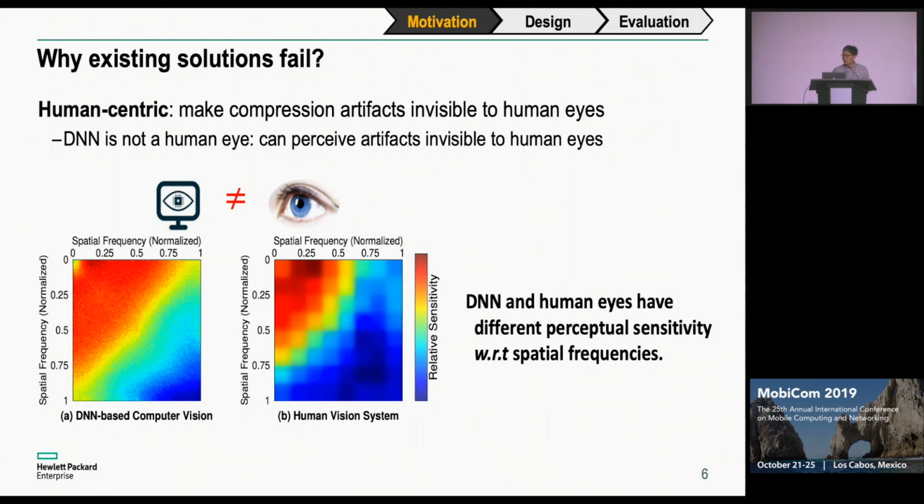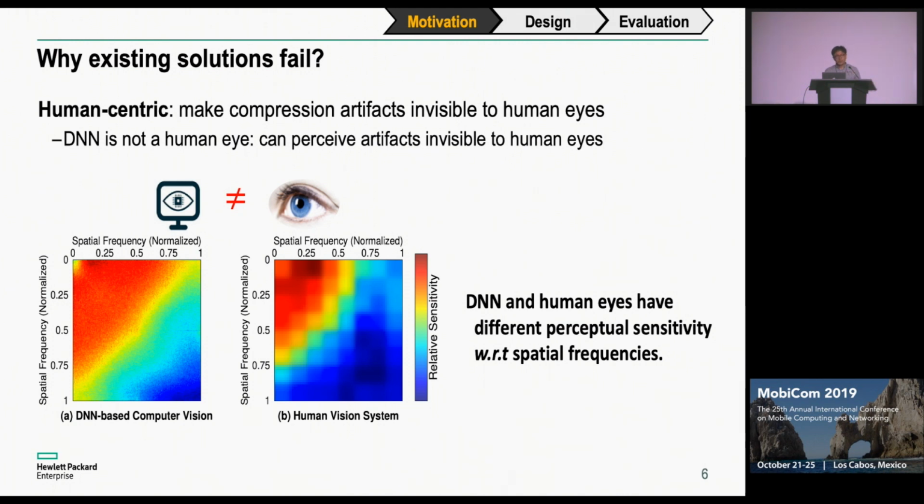However, we found that DNN's perception model is very different from that of human eyes. In these slides, we visualize the perception sensitivity of one example DNN with respect to spatial frequency, and then we compare that against that of human eyes. As you can see, there are significant differences. Some spatial frequencies might be sensitive to the human eye, but not to deep neural networks.